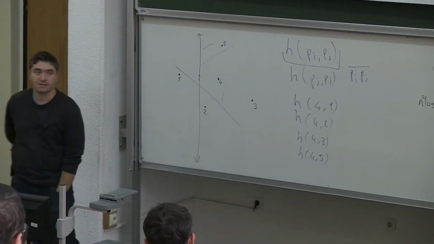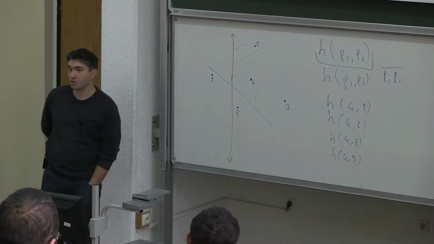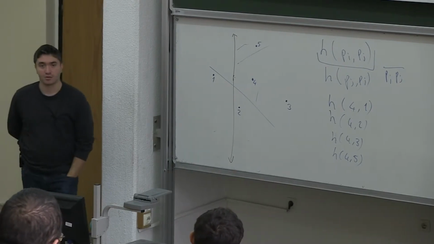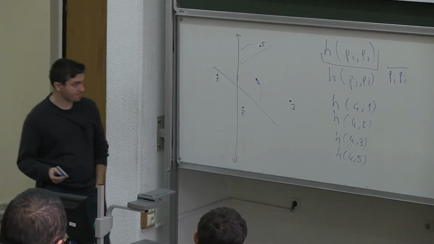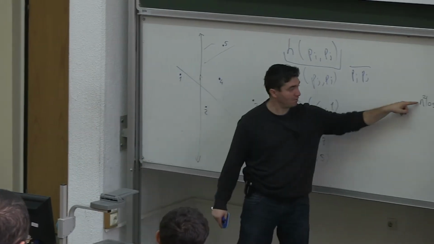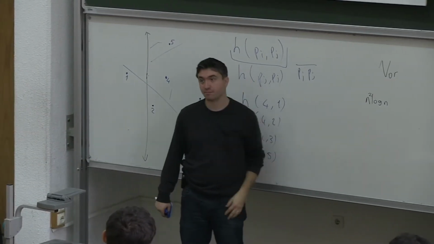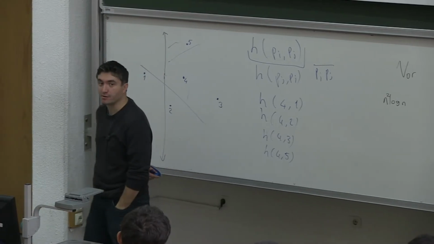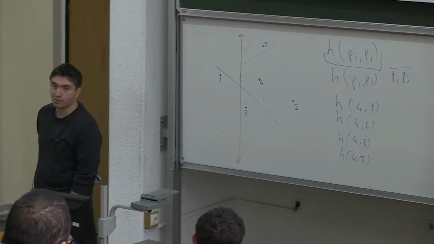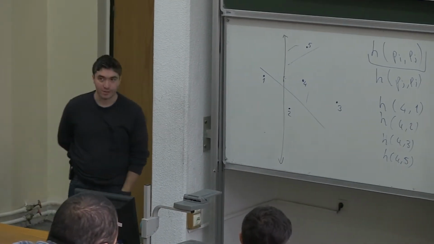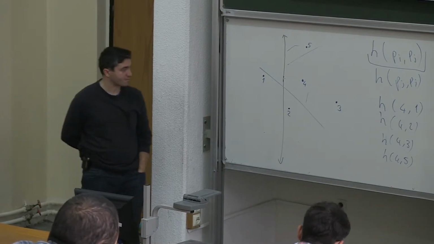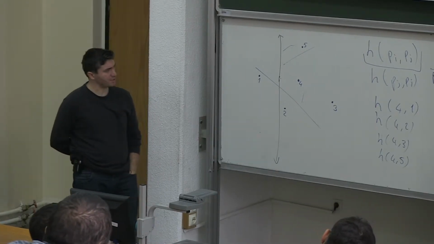At the end, in n square log n time, I can compute the Voronoi diagram. Today, we are going to see another algorithm, which is going to reduce this complexity to n log n. By using a plane sweep algorithm, we'll be able to compute the Voronoi diagram of n points in n log n time. But now let's look at some properties of Voronoi diagrams.